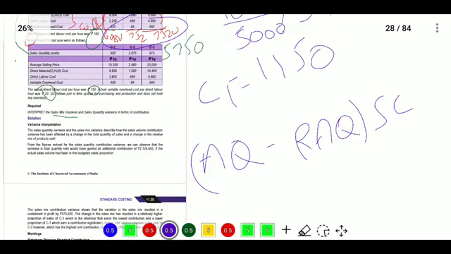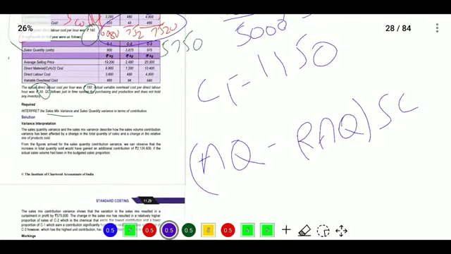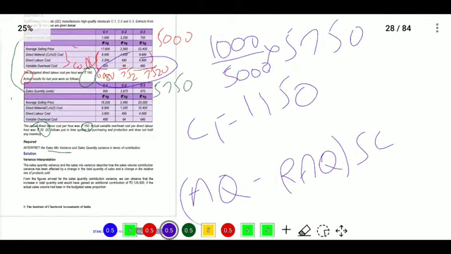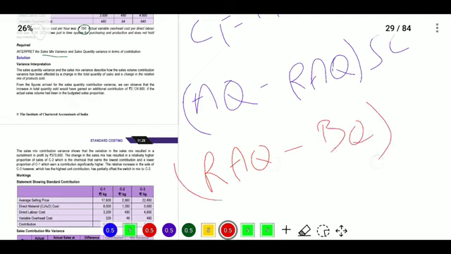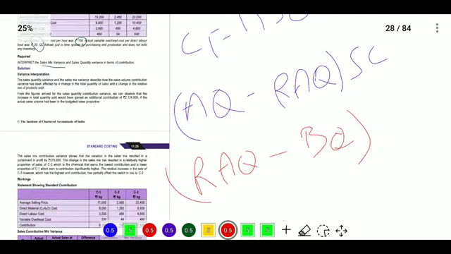Next, what we require is the sales quantity variance. For sales quantity variance, we require revised actual quantity minus budgeted quantity, multiplied by the contribution.